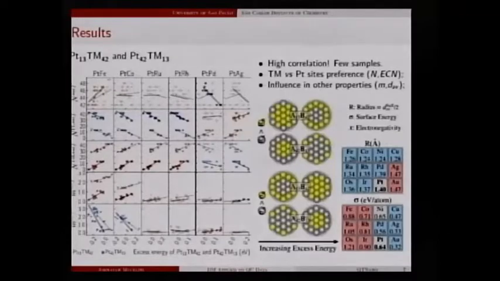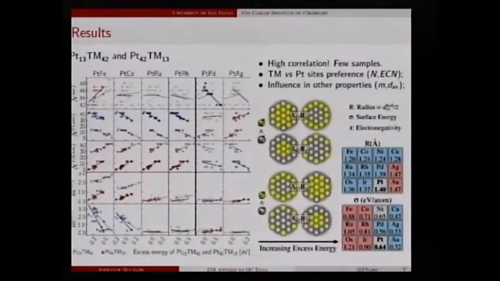So the first thing we can see here is that this is one example of the data sets that I work with. We can observe here that some clusters like iron palladium, iron copper, iron ruthenium, iron rhodium have the characteristic of increasing the number of platinum atoms in the surface for the most stable molecules.